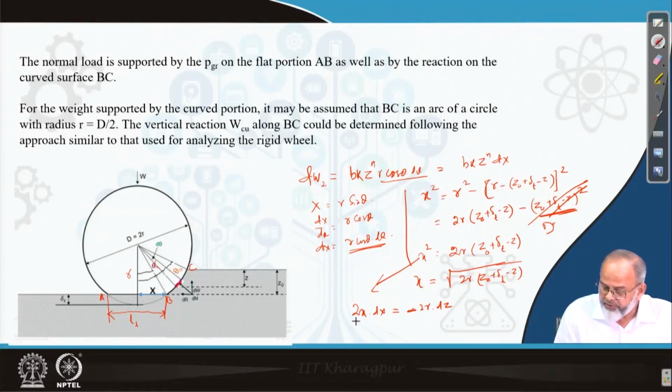Now substitute for dx, which will be equal to minus 2r by 2x into dz. So 2 will cancel out. Now substitute for x, so it becomes r by square root of twice r into z0 plus delta t minus z, into dz, with a minus sign.